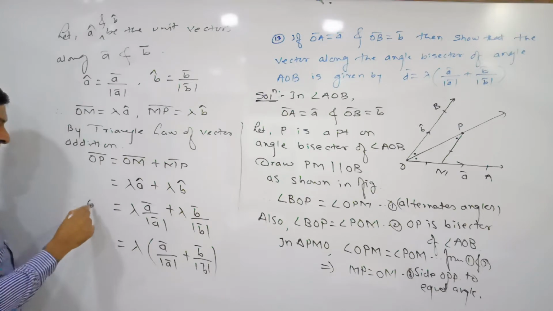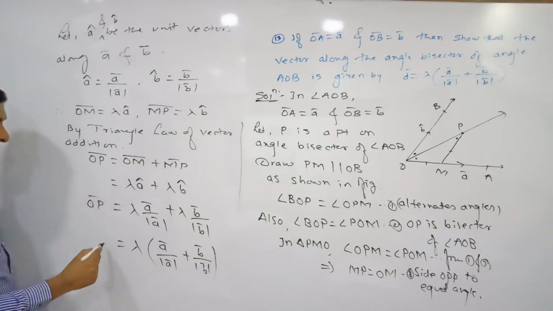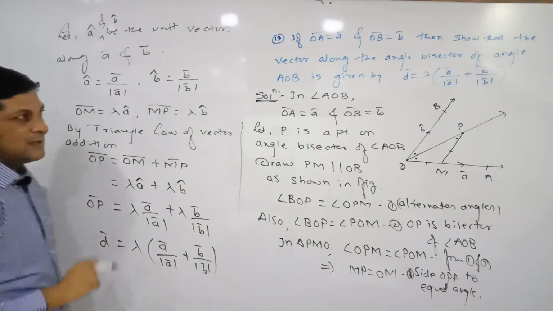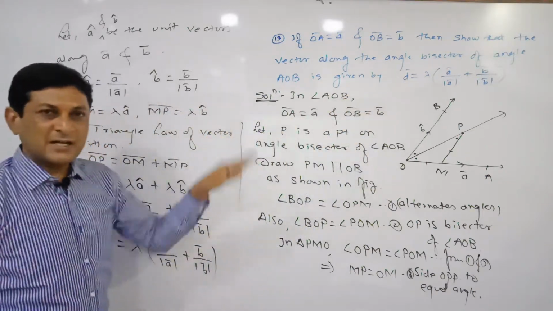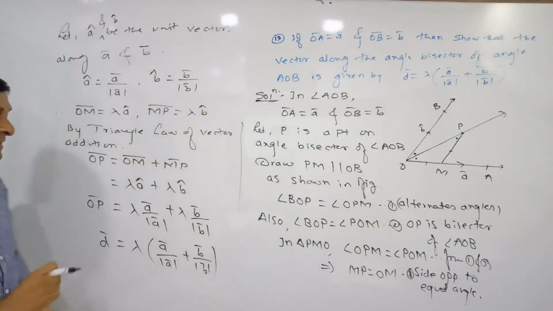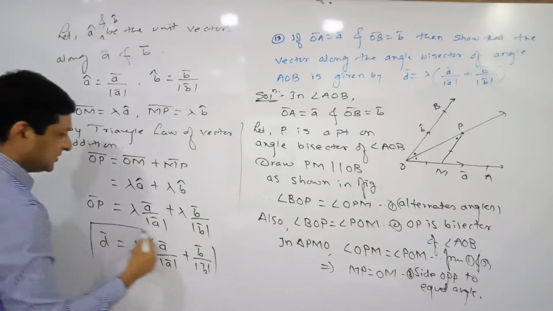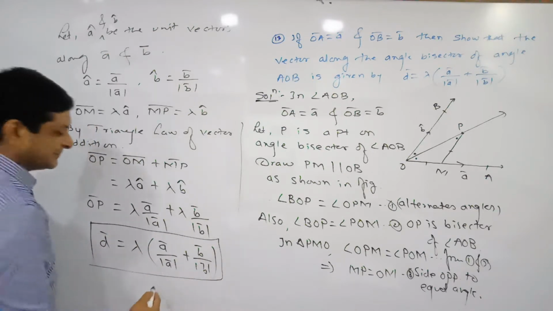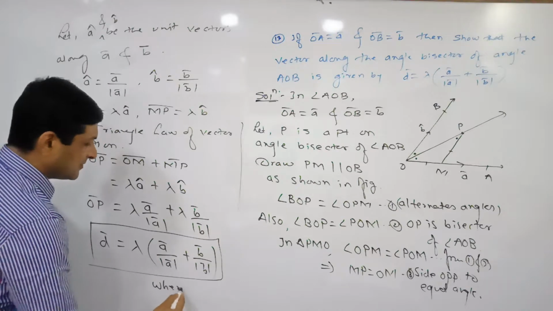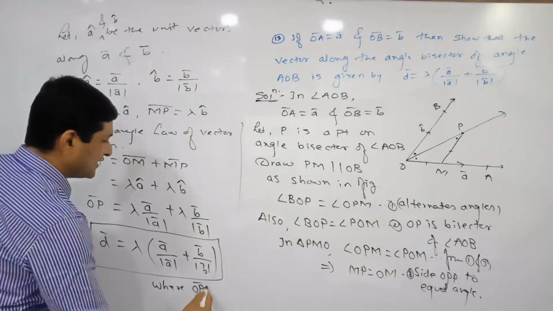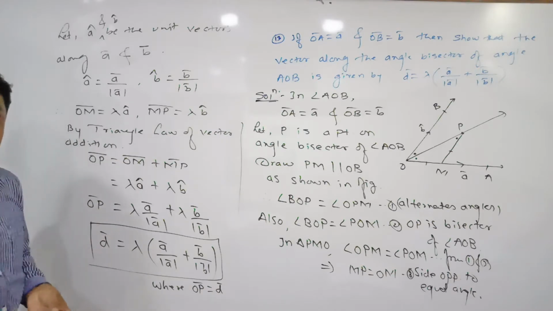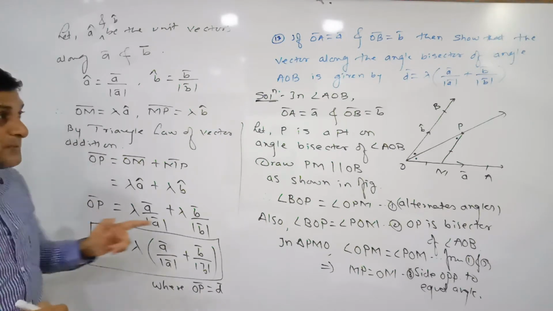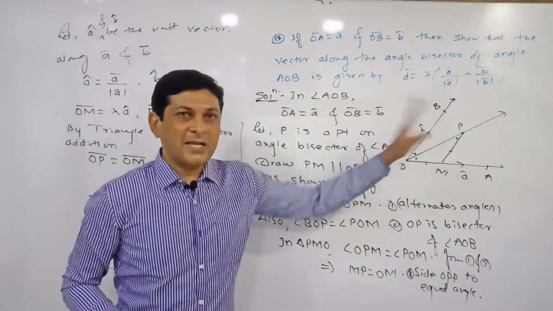On this side OP bar, keep it as it is. I am simply denoting OP bar by D bar, because this vector along the angle bisector is denoted by D bar. So in this way we have got our required result. OP bar is D bar, the vector along the angle bisector.